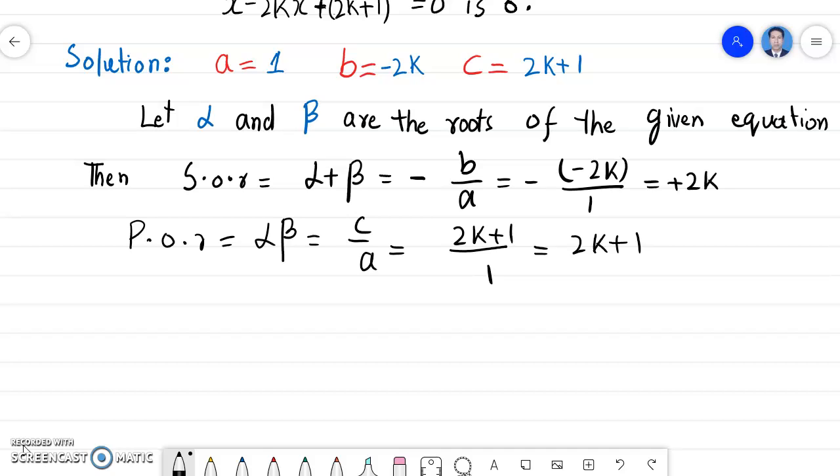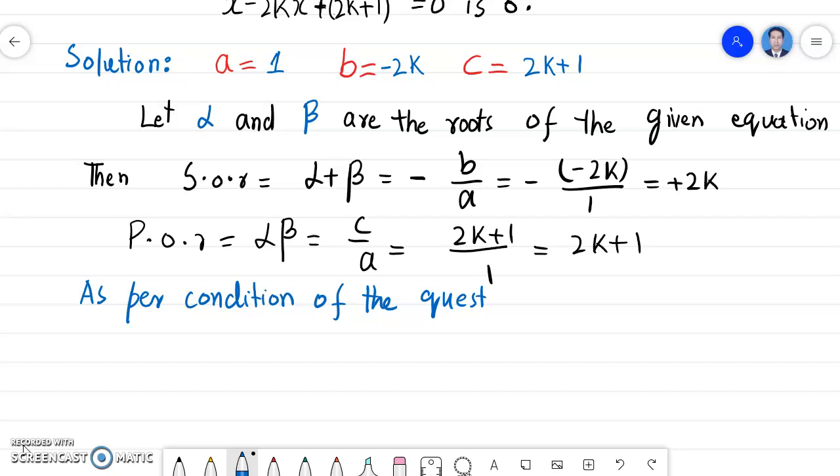Now as per the condition of the question, the sum of the squares of the roots, that is alpha square plus beta square, equal to 6.